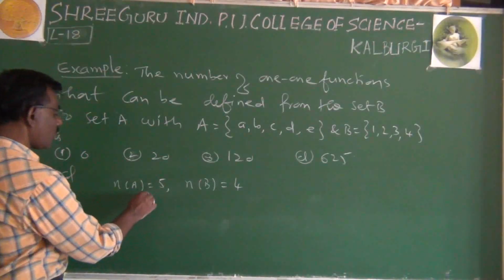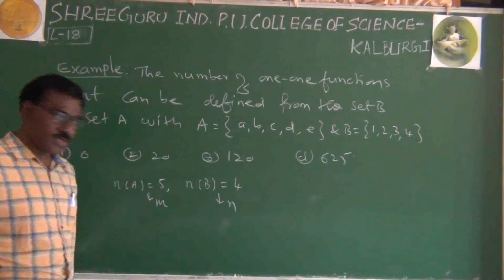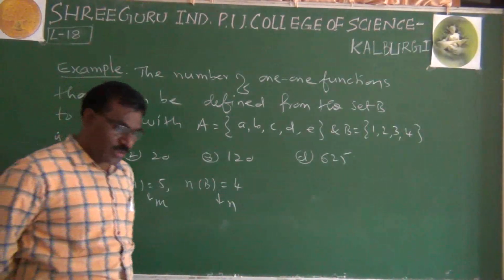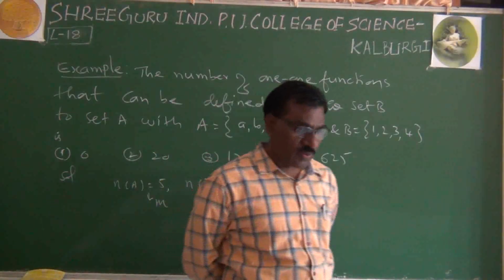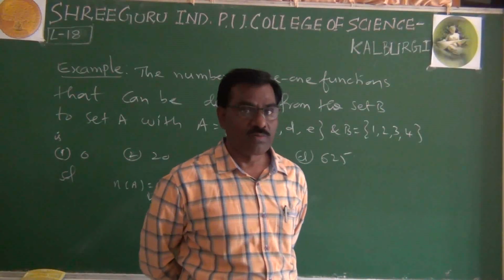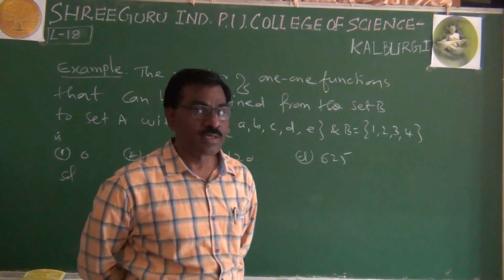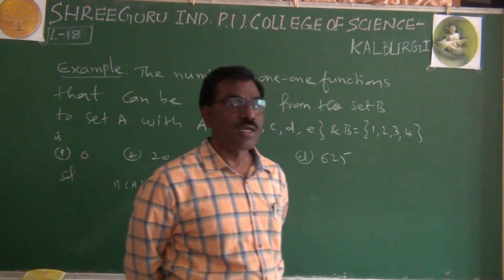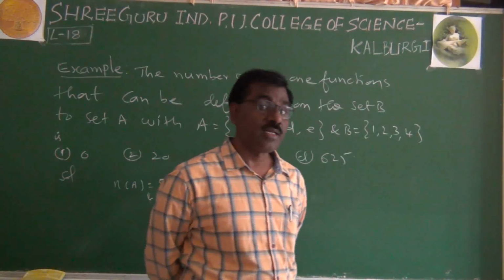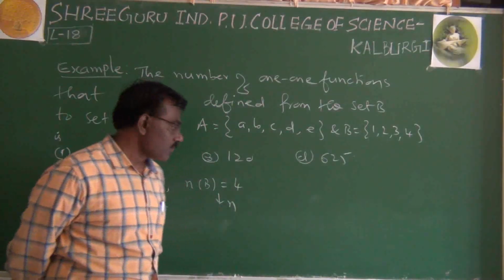Let this be called m, and this be called n. So my question: the number of one-one functions from A to B requires n greater than or equal to m, so that is nPm.